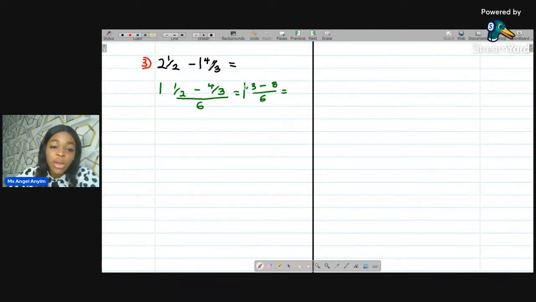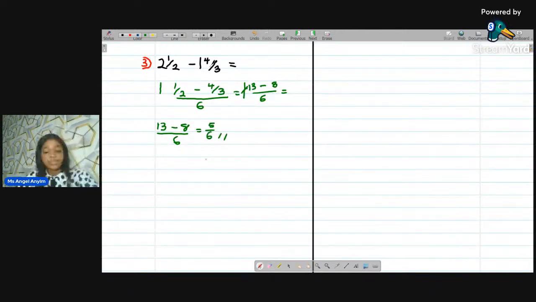And this one, when you borrow it, is 10 because it's a whole. So when you add it to 3, 3 becomes 13. So we have 13 minus 8 all over 6. 13 minus 8 is 5 over 6. And this is a proper fraction, and that's it.